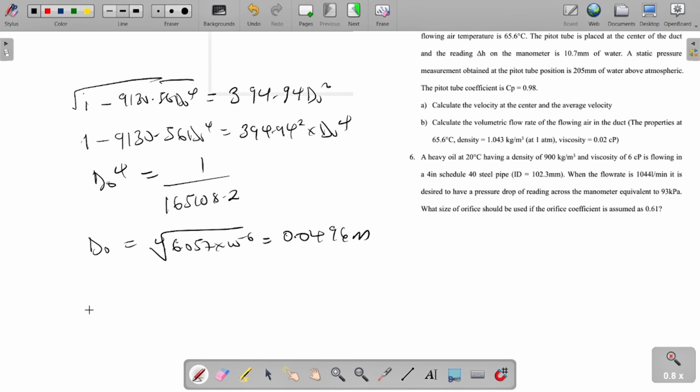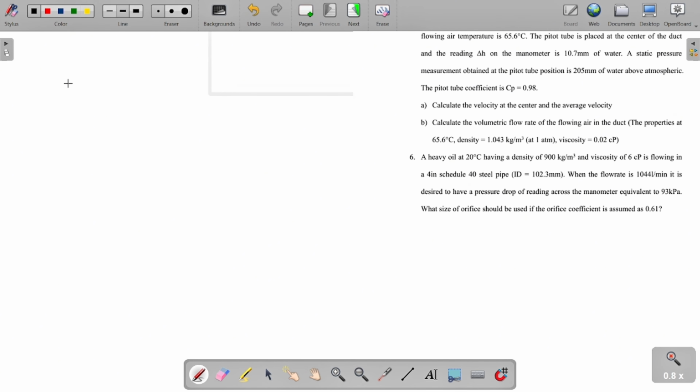So I have D naught now, but you can actually verify if this is correct. If it's correct, then we need to calculate the Reynolds number. Then we need to calculate the ratio between the orifice diameter and the pipe diameter, right?